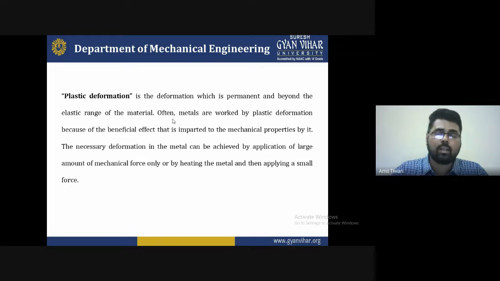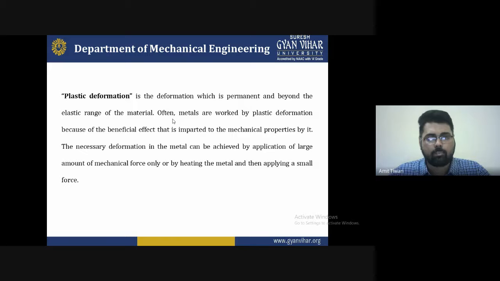So often metals are worked with plastic deformation because of its beneficial effect on the mechanical properties. The necessary deformation in the metal can be achieved by applying a large amount of mechanical force, or by heating the metal and applying a smaller force to it.